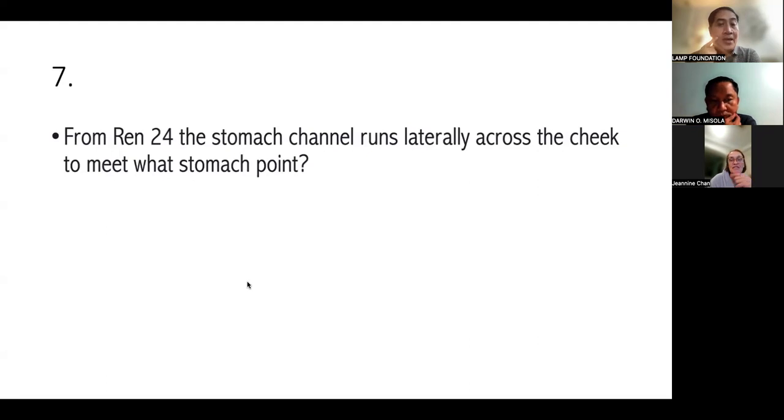Stomach 5, tama ba, Doc? And what? Ano pang point? Stomach 6, at the angle of the mandible. So stomach 5, tapos 6. Okay, so I presume you would know how to locate stomach 5 and stomach 6.